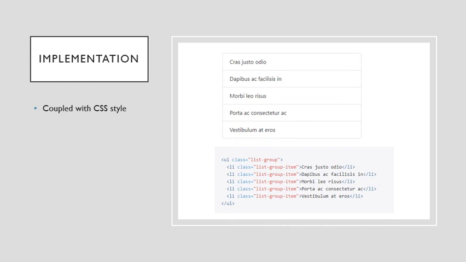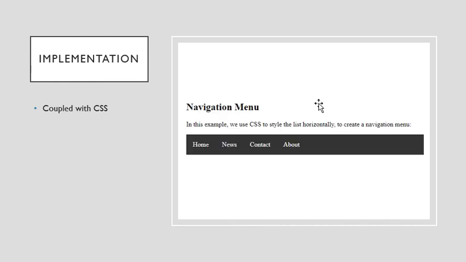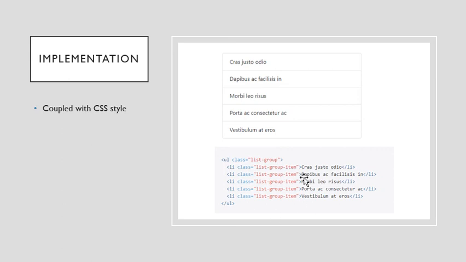Another thing is the navigation menu. The navigation menu is also built the same way as this, but the way they define the classes is different. But the coordination, the position between the UL and LI, is just the same.